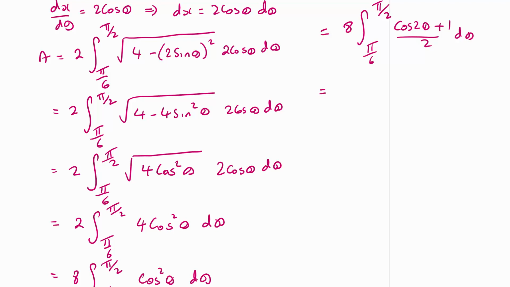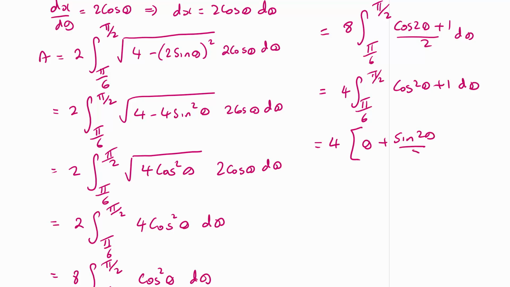So that's 4 times the integral from π/6 to π/2 of cos 2θ + 1 dθ. So that's 4 times [θ + sin 2θ / 2], going from π/6 to π/2.